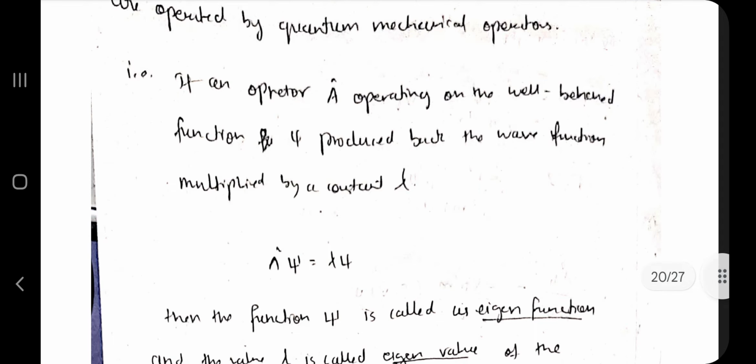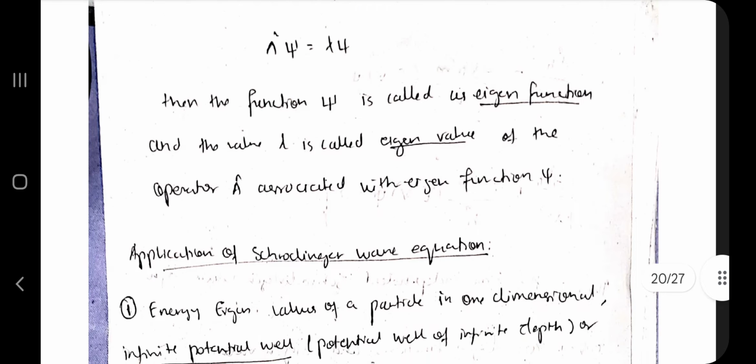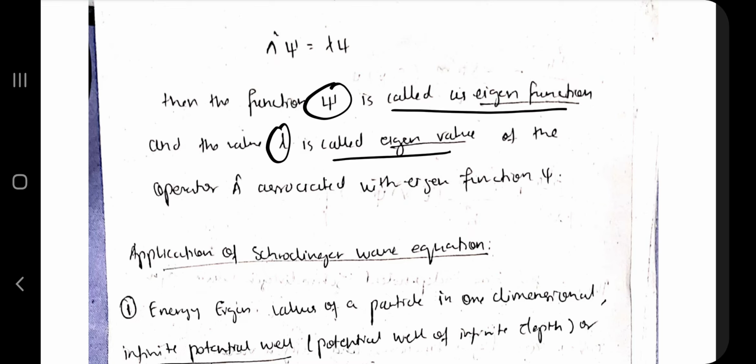That is, if there is an operator A operating on the well-behaved function psi, it produces back the wave function multiplied by a constant factor. So here psi is called the eigenfunction and lambda is called the eigenvalue. This is the function, this is the value, and A is associated with the eigenfunction psi.